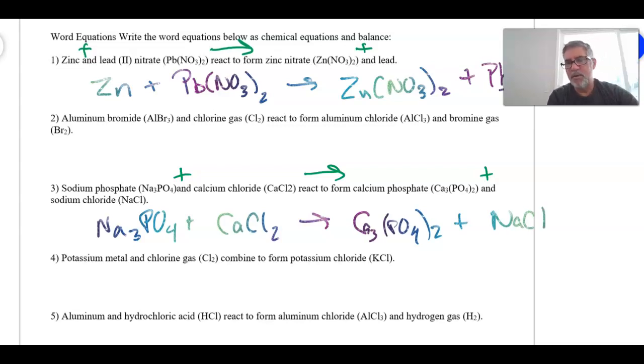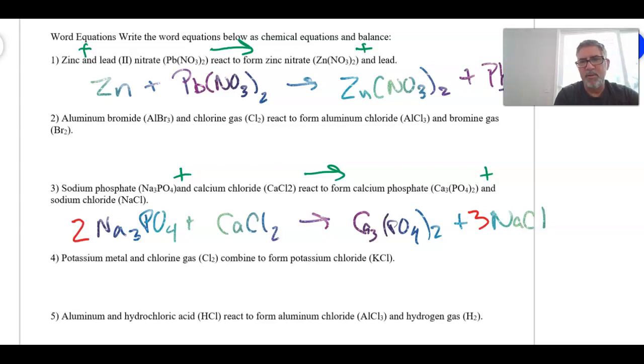Now I can start the little game that I play. I have 3 sodiums, I have 1 over here, so I'll put a 3. I have 1 phosphate here, I have 2 there. Oops, sorry, that was incorrect. I know what I wanted to say, but I didn't say it right. So I have 1 phosphate here, I have 2 there, so I can put a 2 here.